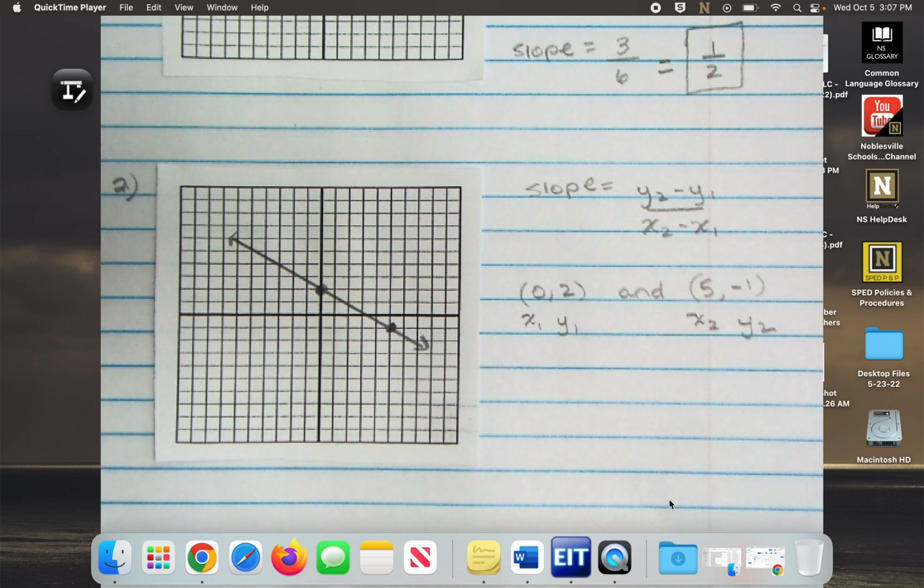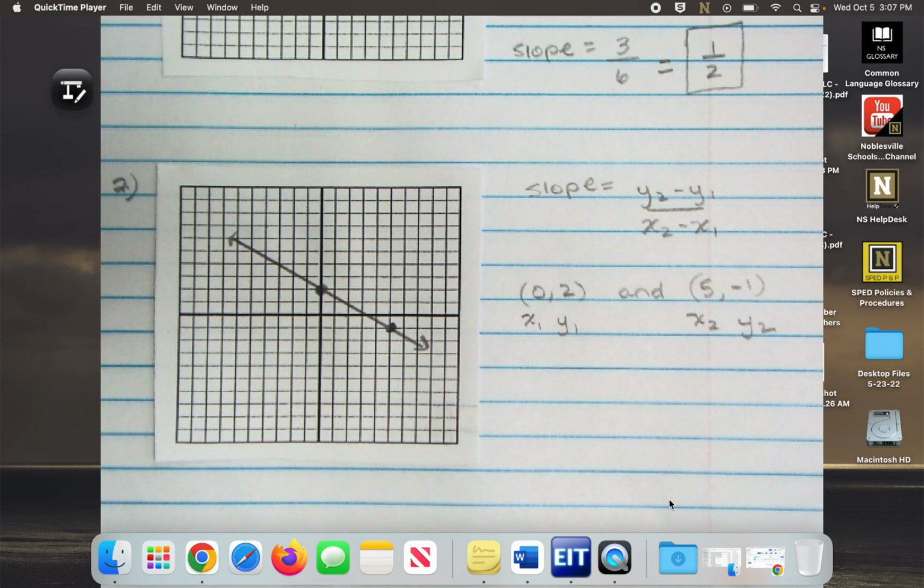So looking from left to right, the first one I come to is 0, 2. So that's going to be my first x, first y. That's what those little ones stand for. And then the next ordered pair I come to is 5, negative 1.